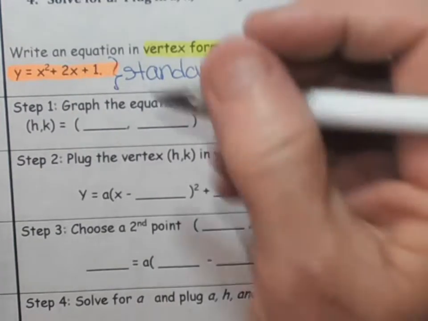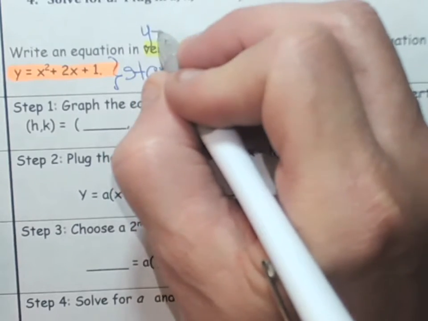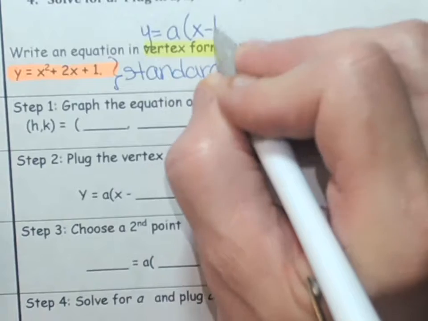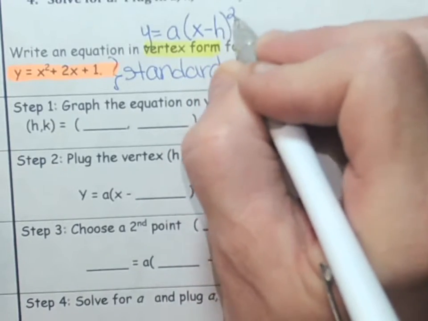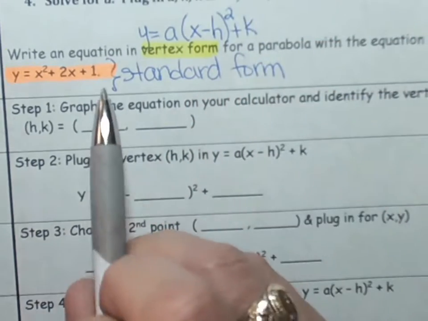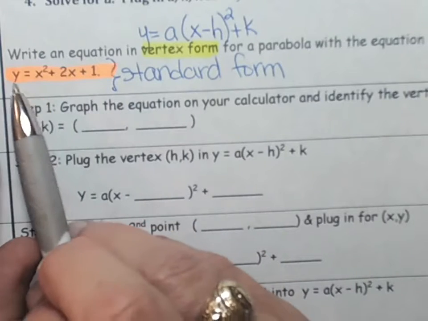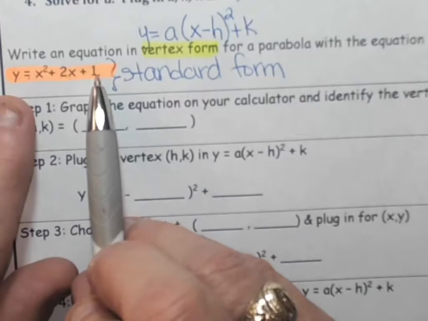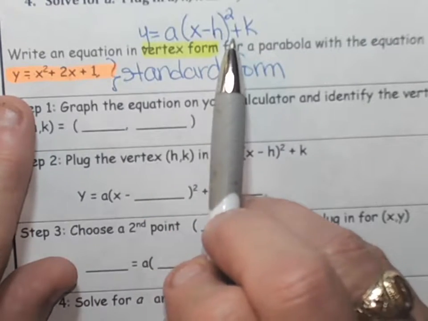Vertex form is y equals a times the quantity x minus h squared plus k.